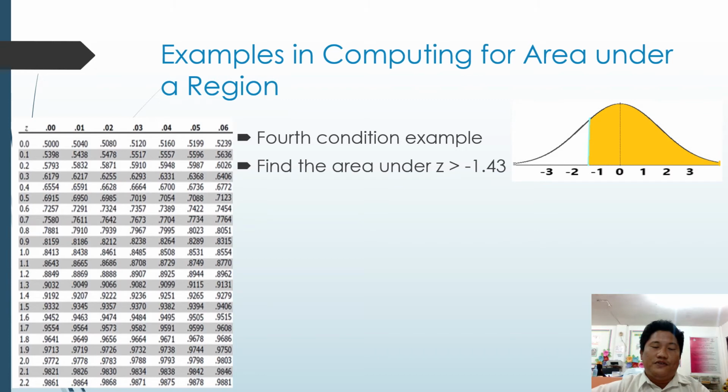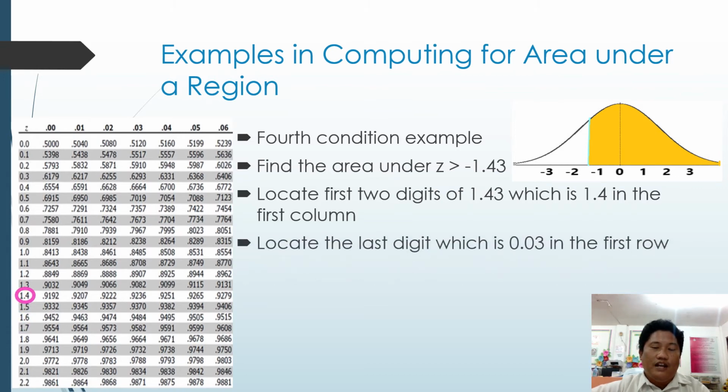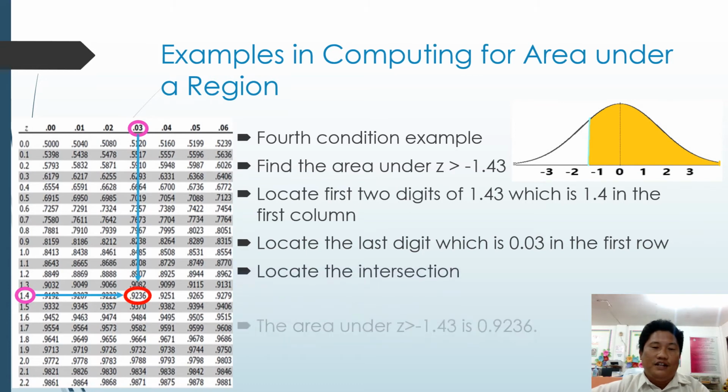So let's use the z-table to get the exact value of the area. Again, locate the first two digits of 1.43, and that's 1.4 in the first column. The next step is to locate the last digit, which is 0.03 in the first row, and locate the intersection.